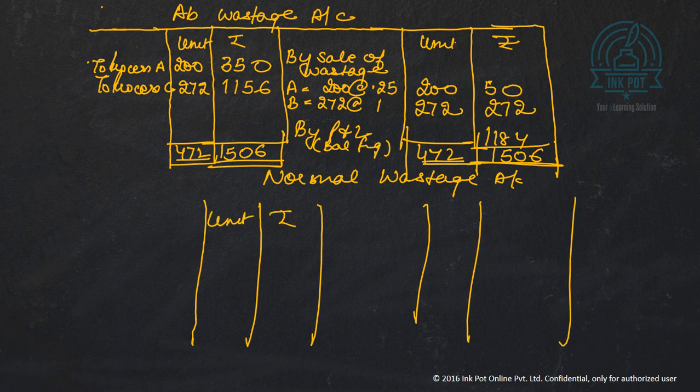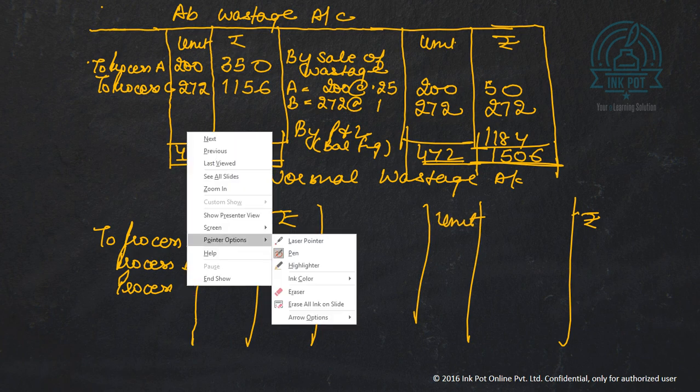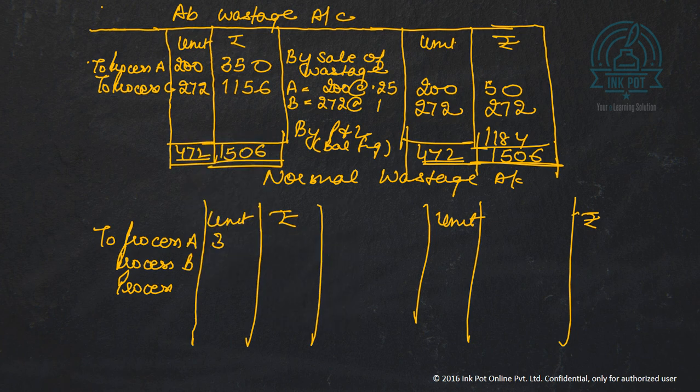We had normal wastage from process A, process B, and process C. So we have 300 units, then 475, and then 728. The values are 75, 238, and here we have 728.